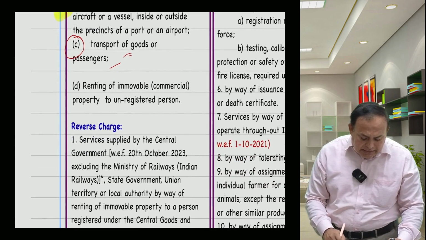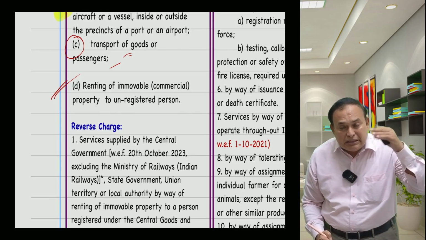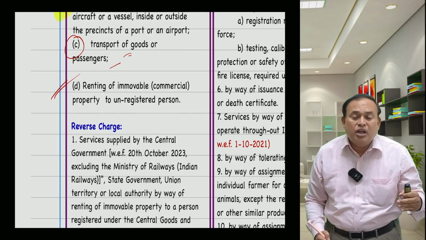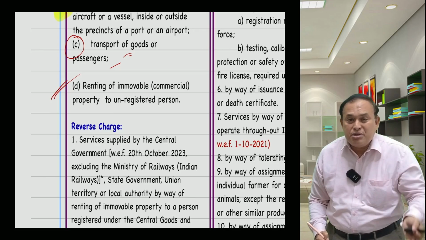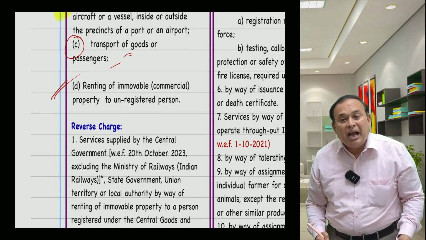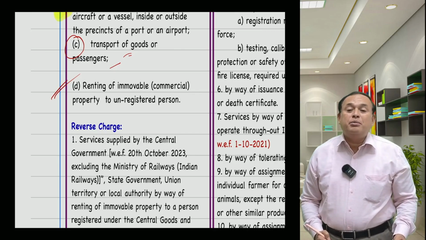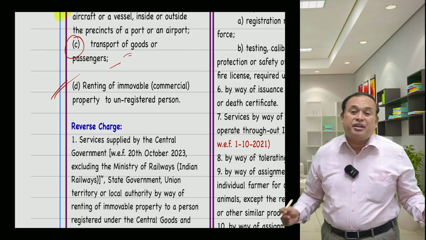Further, renting of immovable property offered by government or local authority to a tenant for commercial purposes. If the recipient is an unregistered person, on the rent the GST liability is on the supplier, namely the government or local authority.